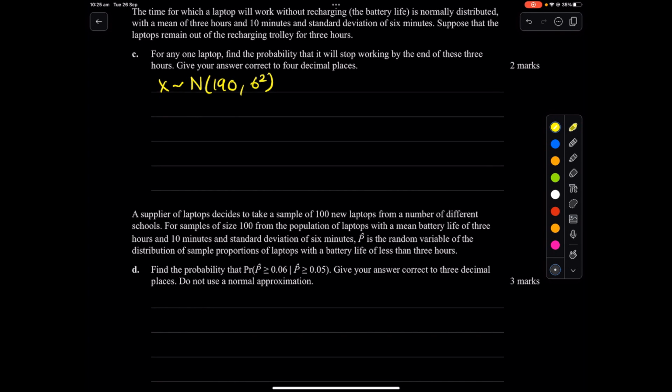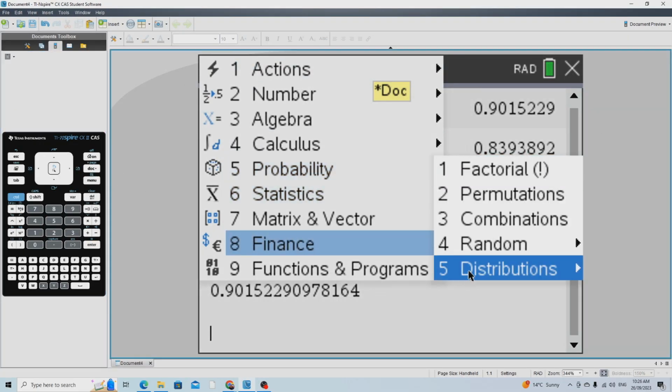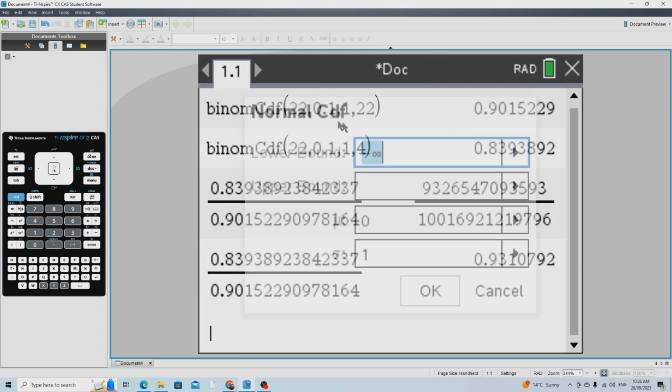If I draw a normal curve here and say this is your mean, we want, for any laptop, the probability that it will stop working at the end of 3 hours. 3 hours is 180, so we want the probability that X is less than 180. Let's use our calculator: menu, probability, distributions, normal CDF.